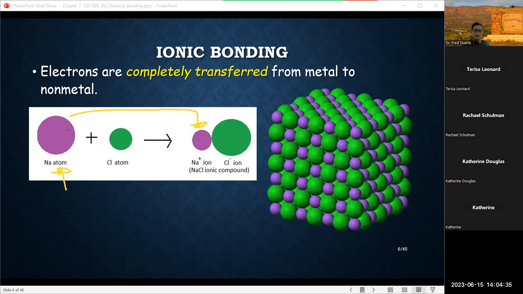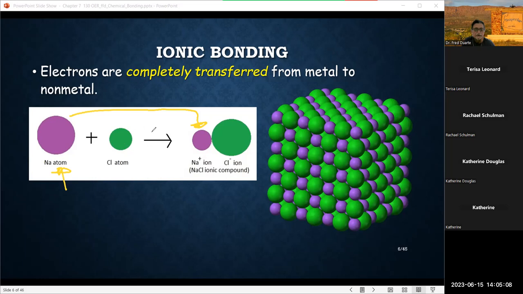Sodium has 1 valence electron, and it loses that 1 valence electron to give you a sodium plus ion. The valence shell is now empty, so the new radius shrinks, it's smaller, the next level in. So you can see the difference in diameter between the sodium atom and the sodium ion.